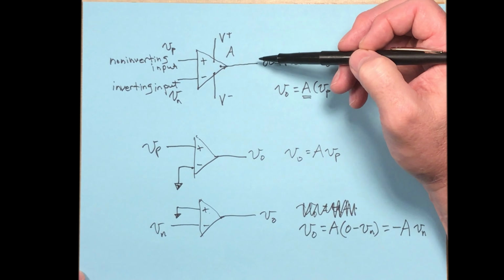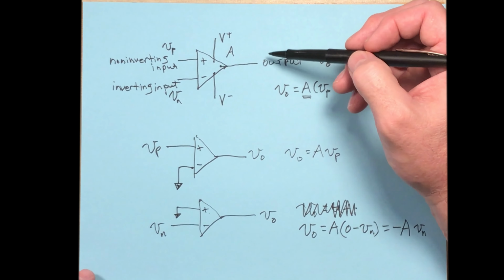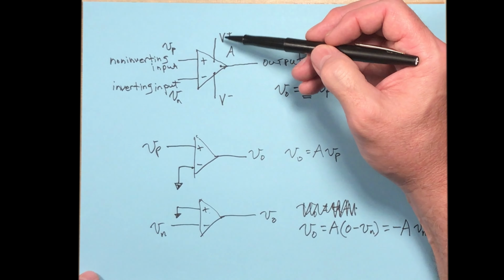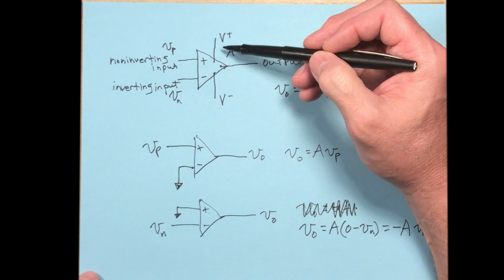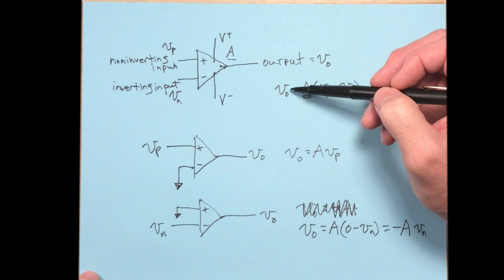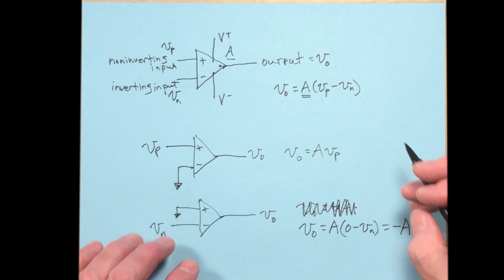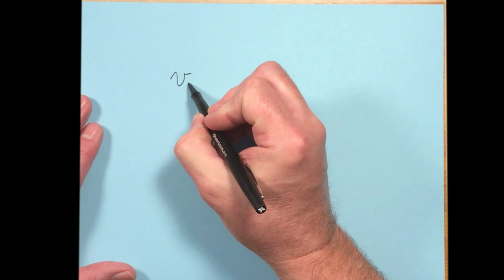However, the output voltage can't just create energy out of nothing. So where does this energy come from? Well, it comes from the supply voltages here. The problem is that depending upon what this A value is, it may be that the output is bigger than even the supply voltages.